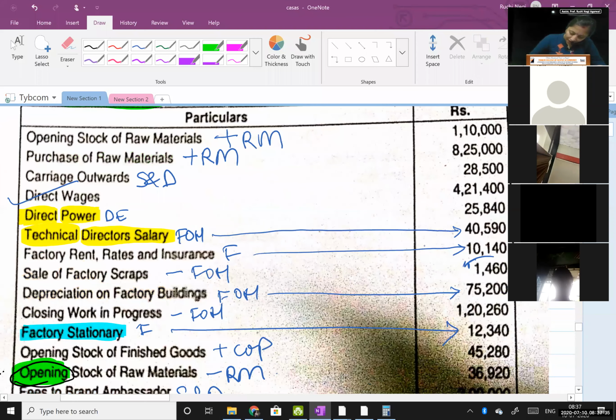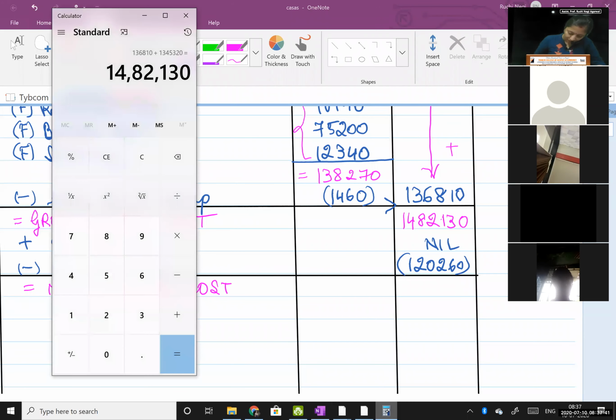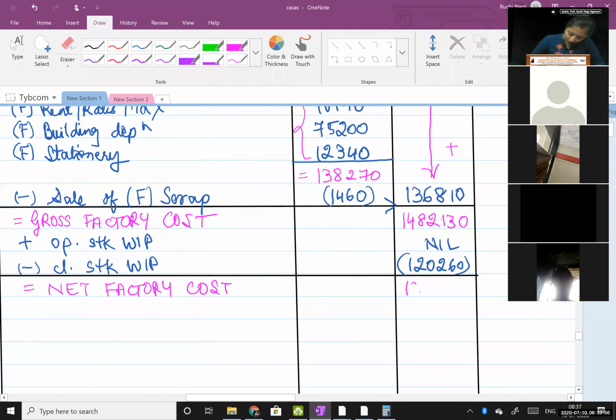Good. So just write nil. The answer is 13,61,870.